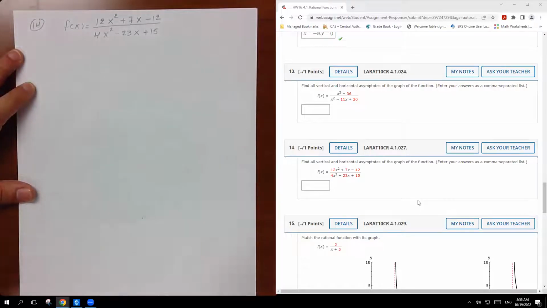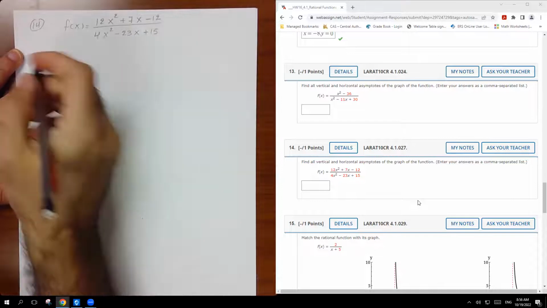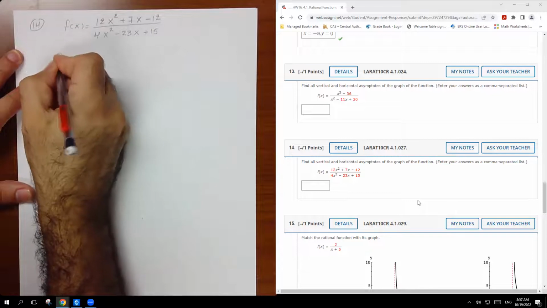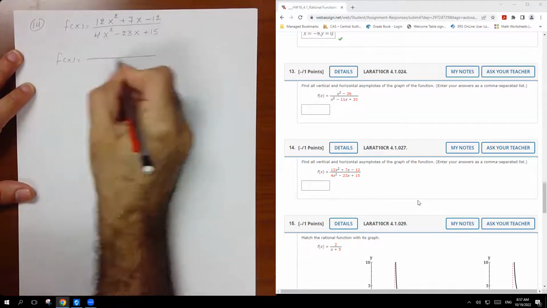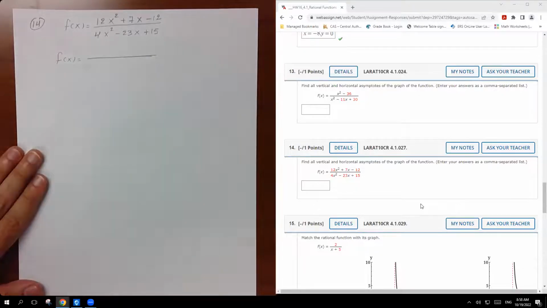Let's check if we can simplify this one. We're going to factor the top and we're going to factor the bottom. So we're going to say f of x equals. You see, the factoring is really important.